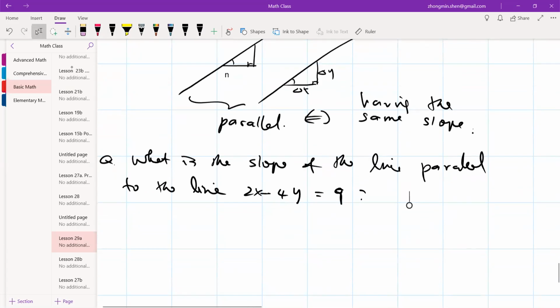Oh, there was one like this in the homework. There was? Yes, 2x minus 4y equals 9.